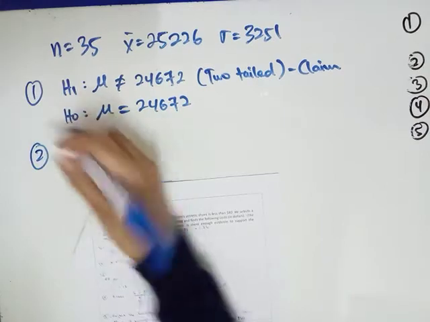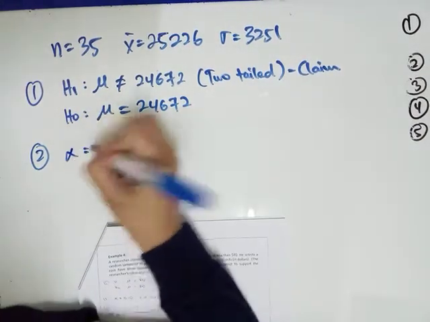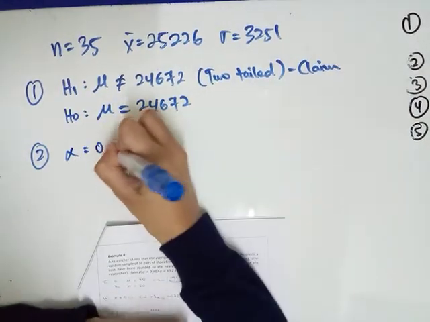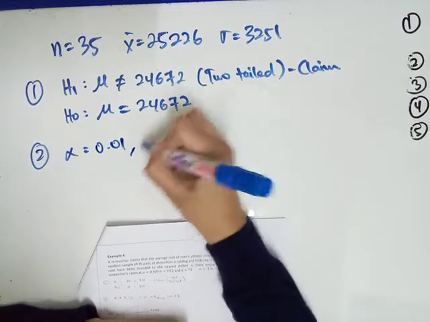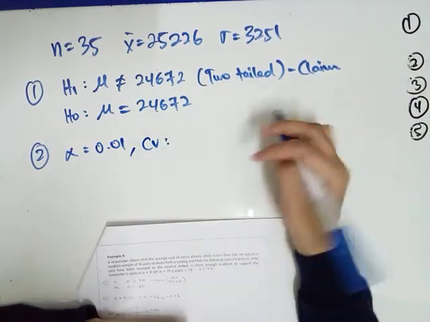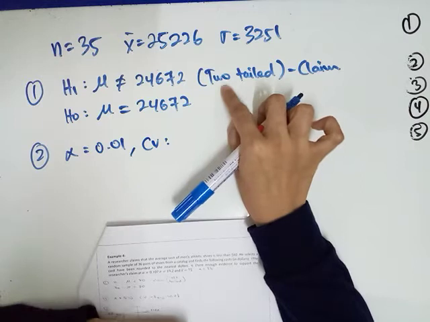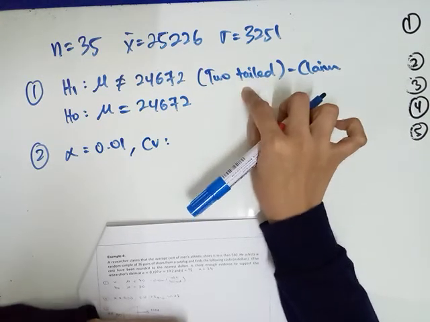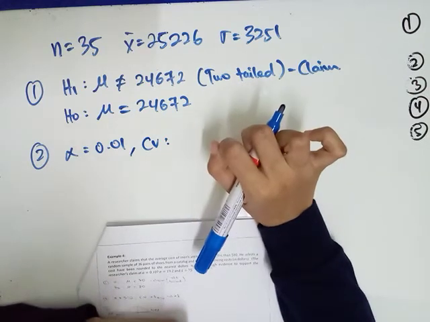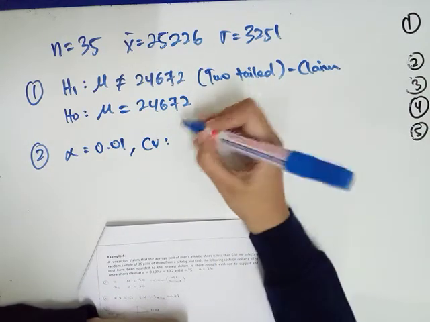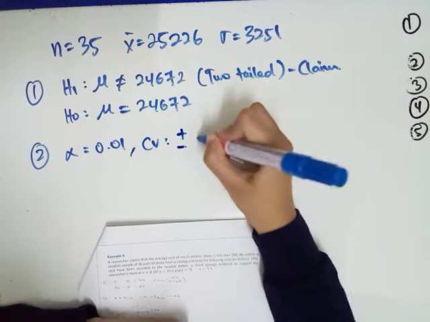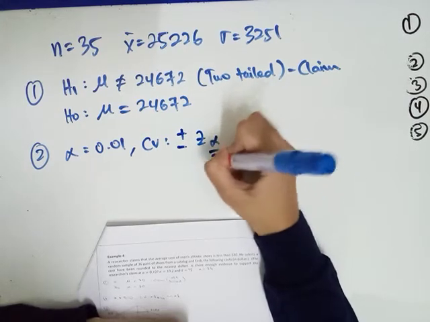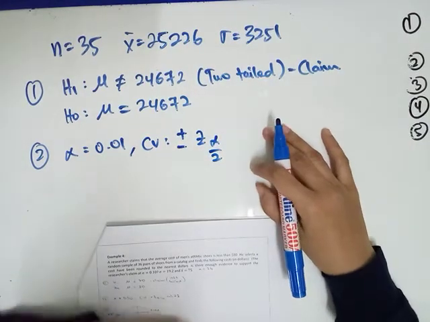So, step 2 is state the alpha. Alpha given is 0.01. Okay, and then critical value. Since this is a two-tail test, since this is two tails of the area that we need to test, the critical value is positive negative Z alpha over 2. Okay, look at your notes.